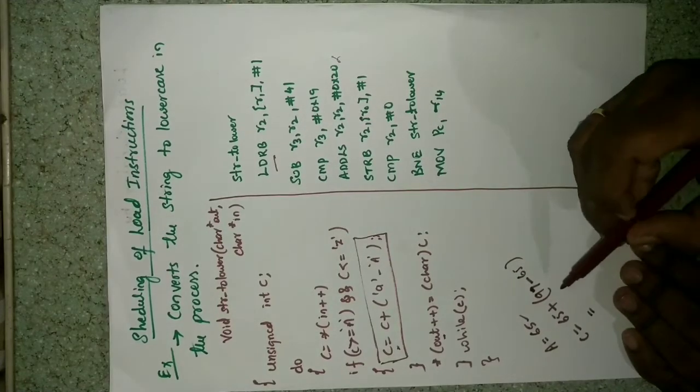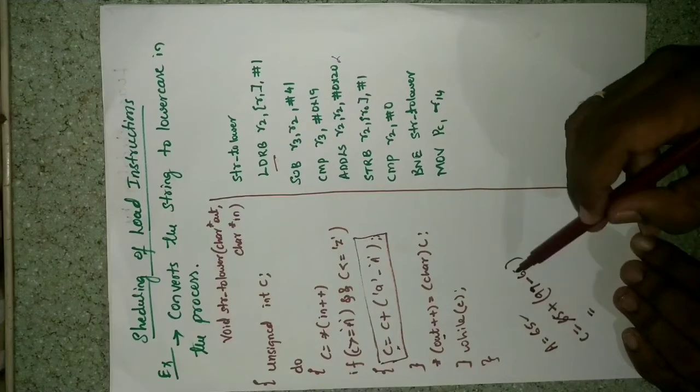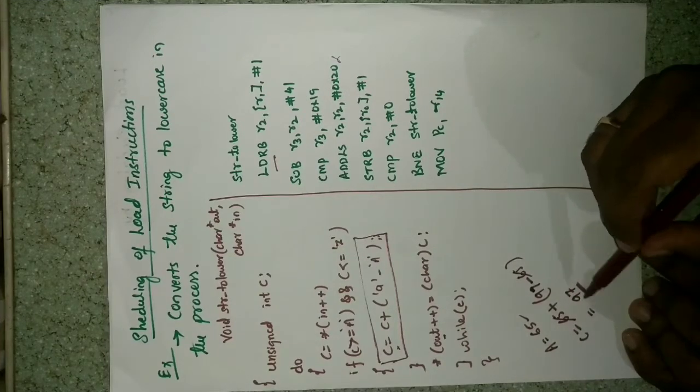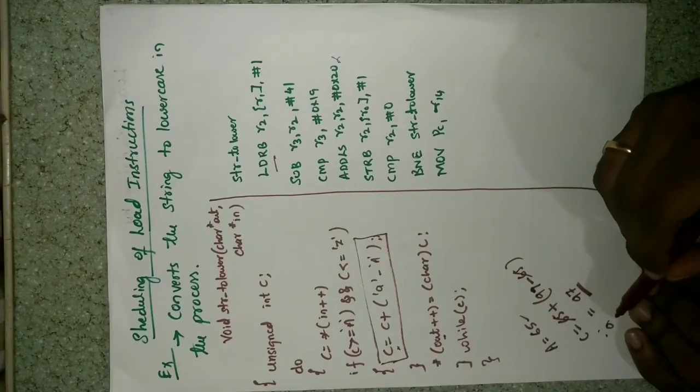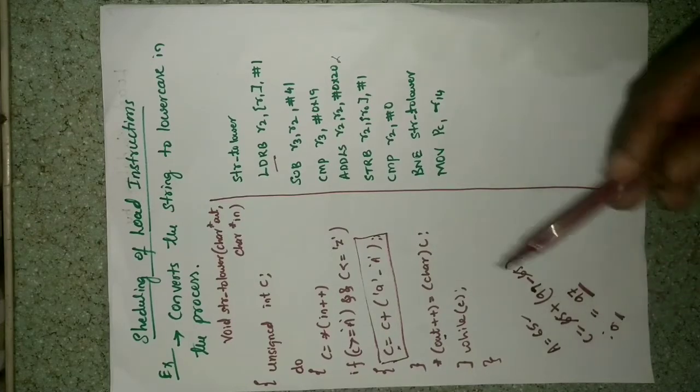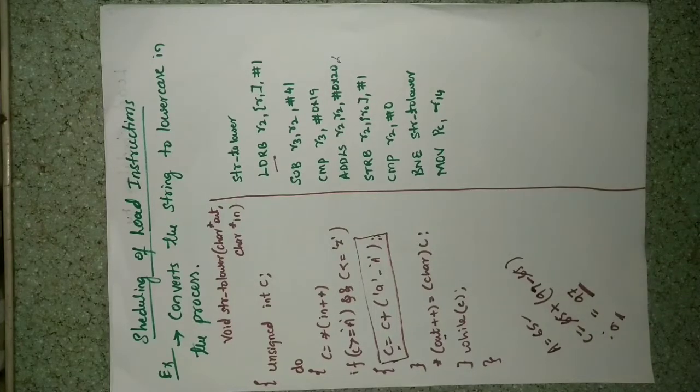Then what happens here is this and this get cancelled. Here is the 97. The 97 is the ASCII value of small letter a. So this is one simple example I have taken. A is the character and it is calculated this way.